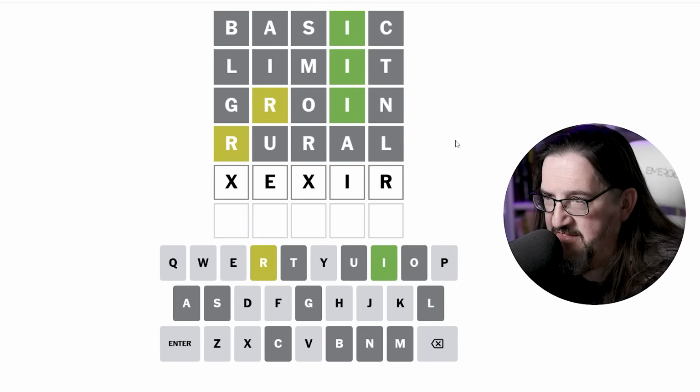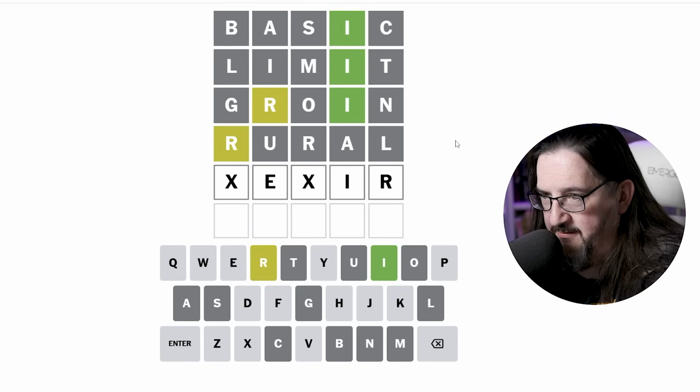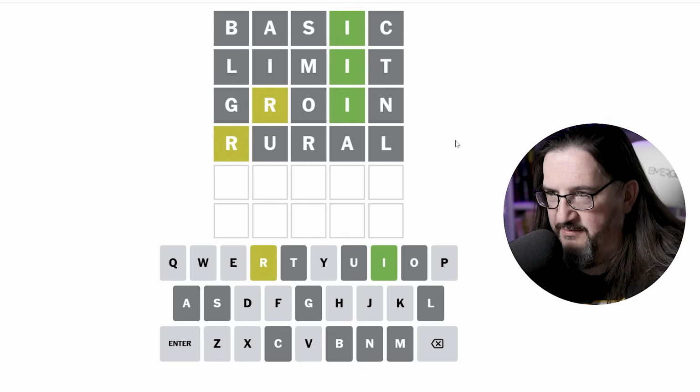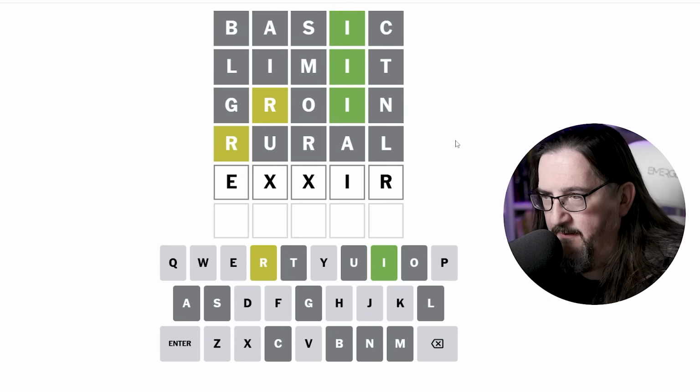So the $64,000 question for me is, what's the third letter? Now, is there a world where it could be the first letter? Okay. But again, what am I supposed to do here? Very interesting. What goes E blank blank IR?